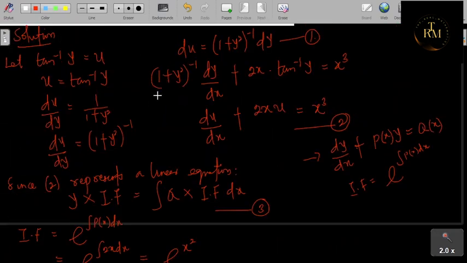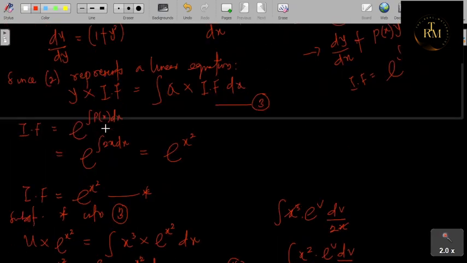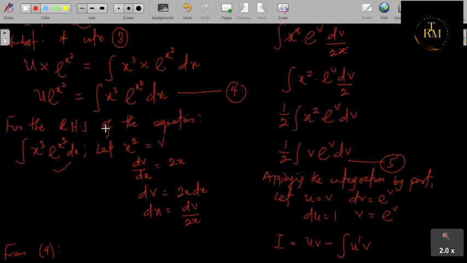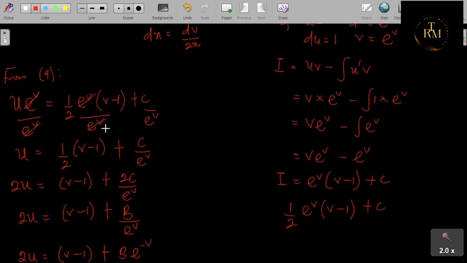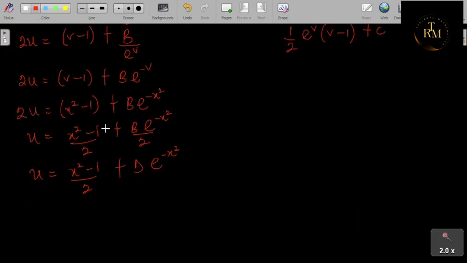Yes, we made our u tan inverse of y in the beginning. So I'm going to replace the u, because I just introduced the u. The u was not part of my initial equation. So I introduce the u back with tan inverse of y equals x squared minus 1 divided by 2 plus d exponential minus x squared.